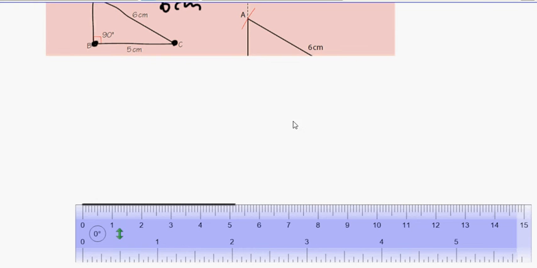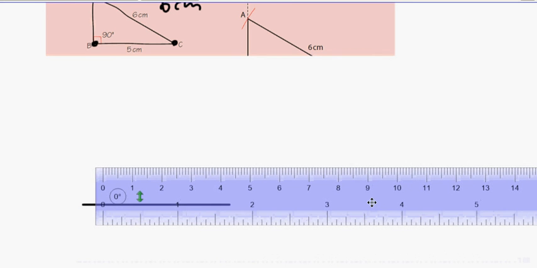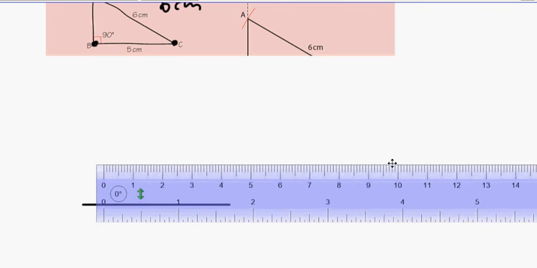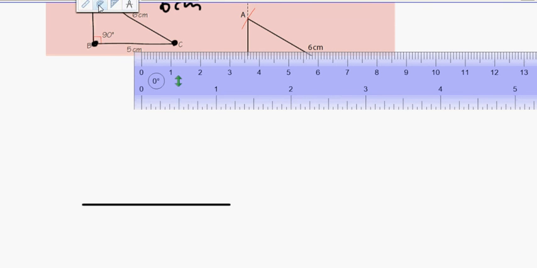Okay, so here we go. There we go, 5 centimeters across. Okay, now that we've done that, what we can do is turn up with our protractor. Protractor will be here.